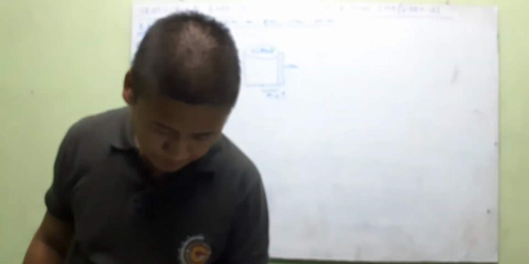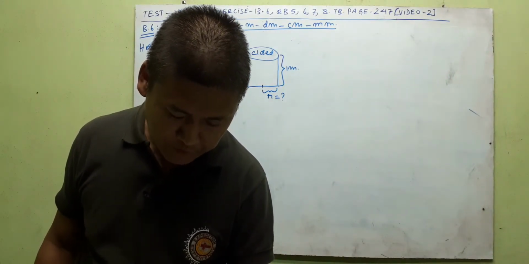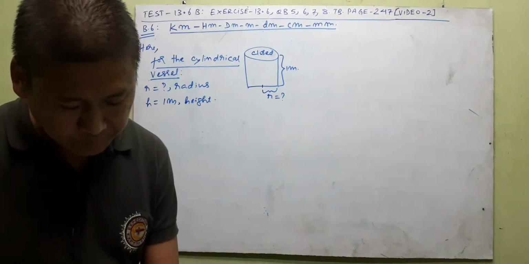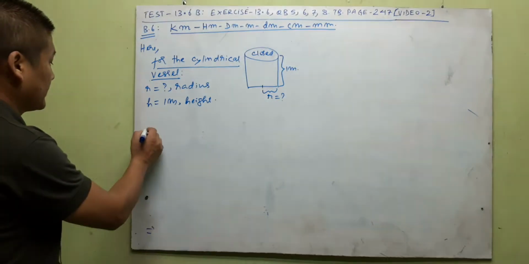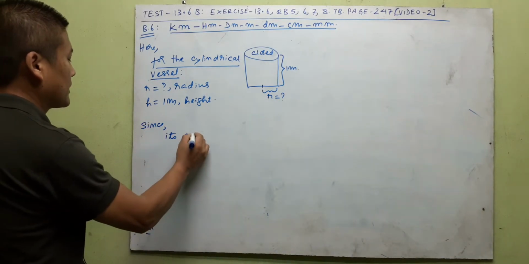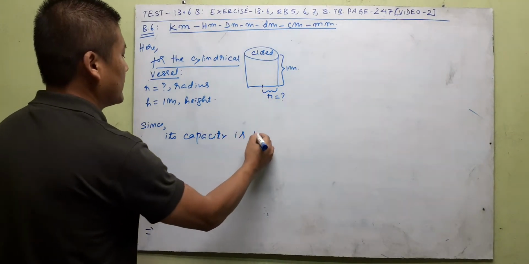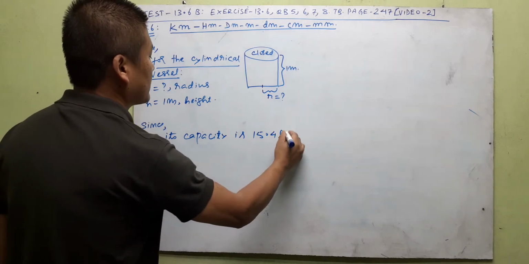Now, they're asking how many square meters. So for that we need the capacity, since the question clearly says its capacity. You can read the first sentence of the question: 15.4 liters.